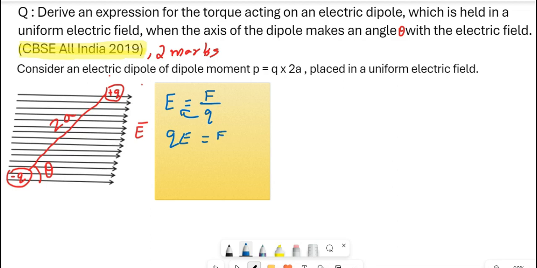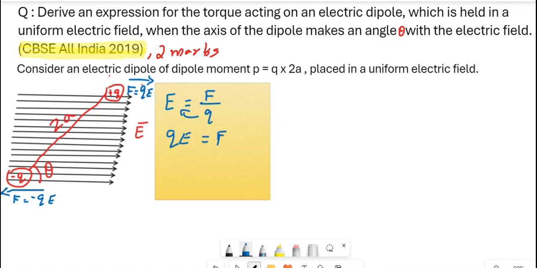F is equal to QE is the force acting on the charge plus Q, which is along the direction of the electric field, and F is equal to minus QE is the force acting on the charge minus Q, which is against the direction of the electric field. So here you can see that there are 2 equal forces acting on 2 different charges.